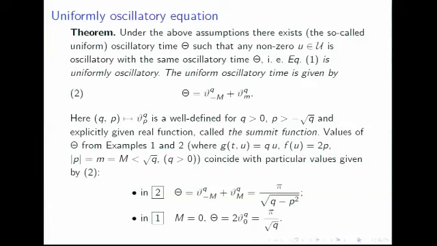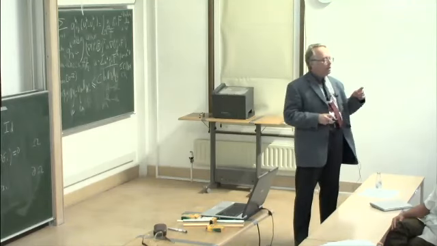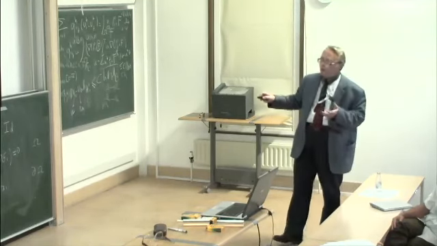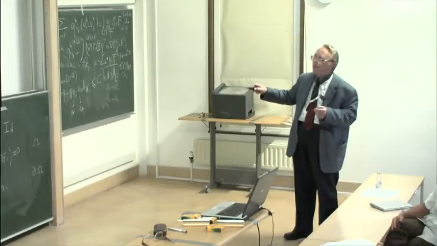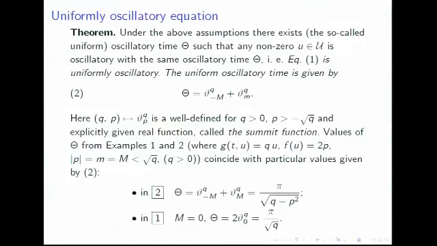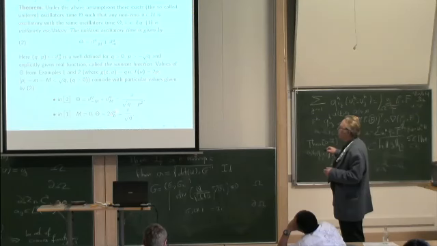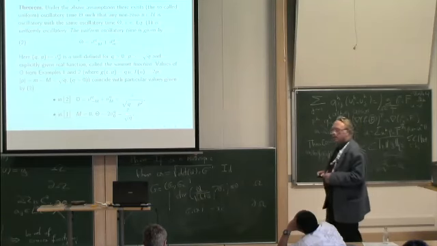If we compare this value theta with values of oscillatory time in example 1 and 2, we can see that these specific values of theta, for example in example 2, are just pi over the square root of q minus p squared, and in example 1, where capital M is equal to 0, theta is equal to small theta q 0, and it is just the value pi over the square root of q.